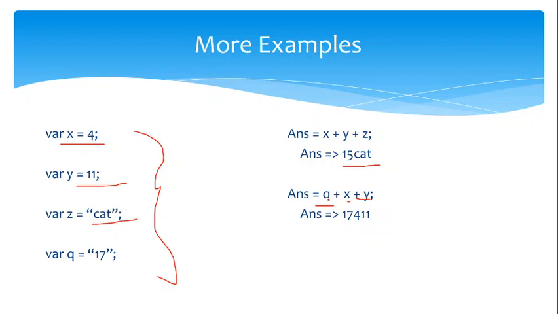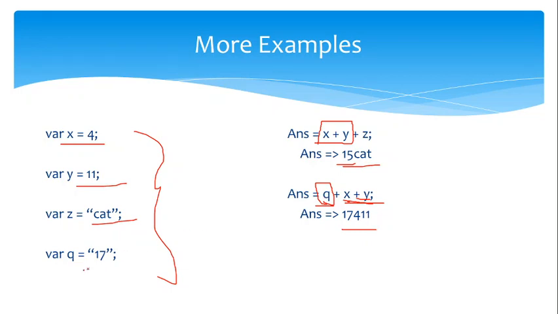Here q is a string, so first you get the string, and the rest, x plus y, which are numbers, will also be considered as strings. In the earlier case we got the numbers at the start, so we did the addition, but after a string, whatever numbers there are will also be considered as a string.